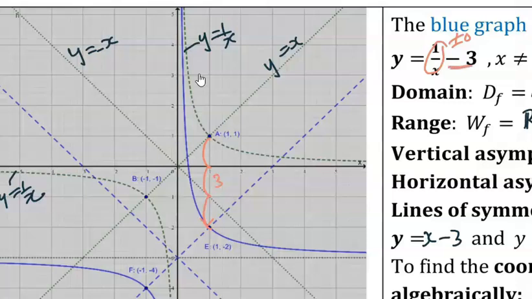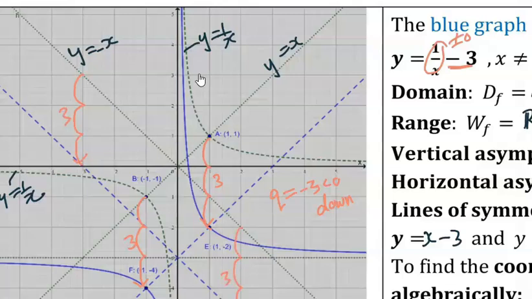Minus 3 is negative, so we go down. And from there to there, we have 3 units down. And from there, 3 units down. And from there, 3 units down.